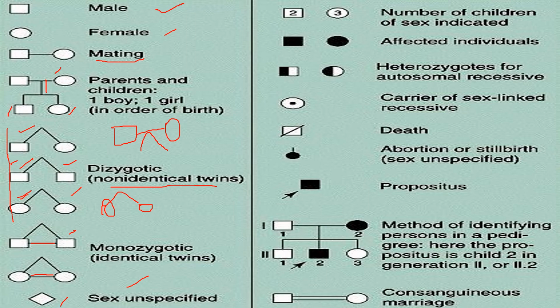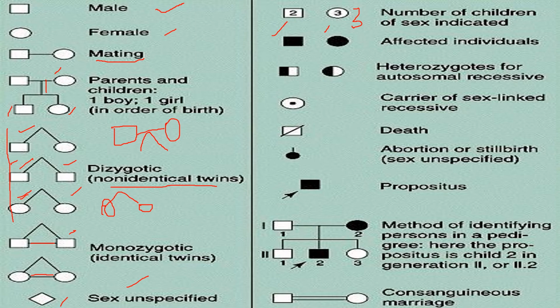In the circle, if there is 3, then circle represents female and there are 3 girl children. And if the square or the circle is darkened, the square is for boy and it is the affected male, and the darkened circle represents the affected female.